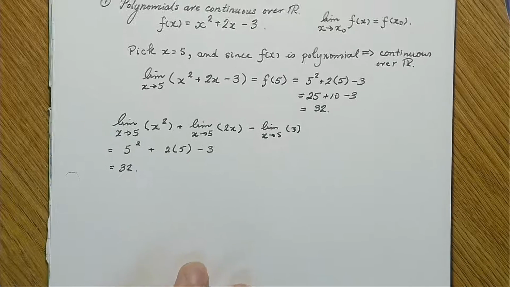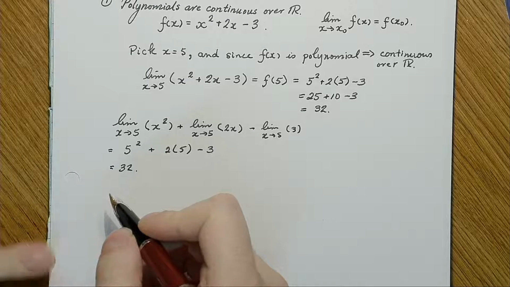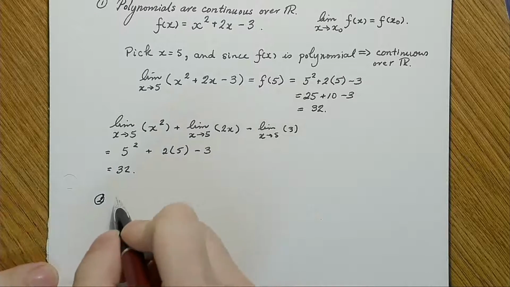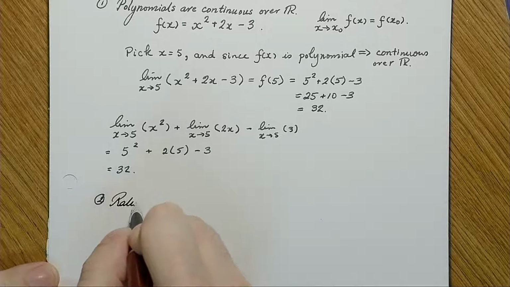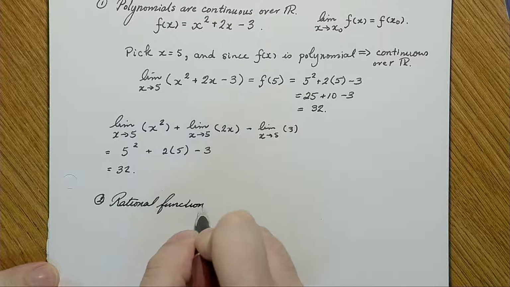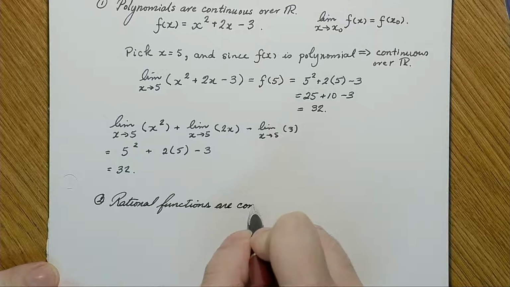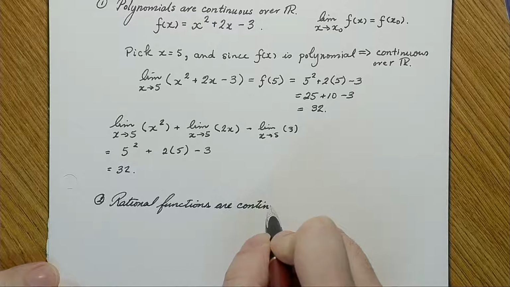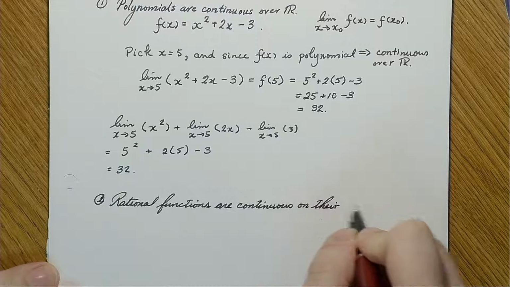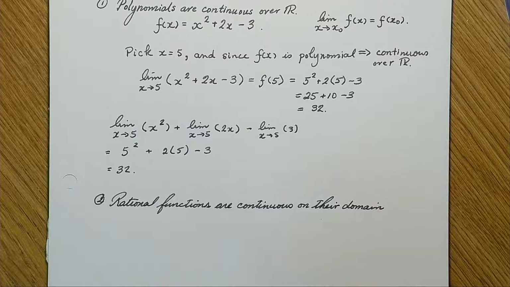Okay, so then the second part, we had seen where the polynomials were continuous over the reals. Then we have rational functions are continuous on their domain. And what are rational functions?